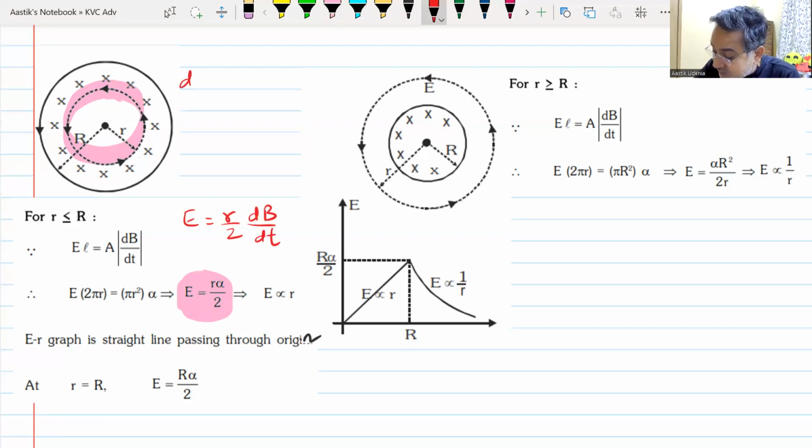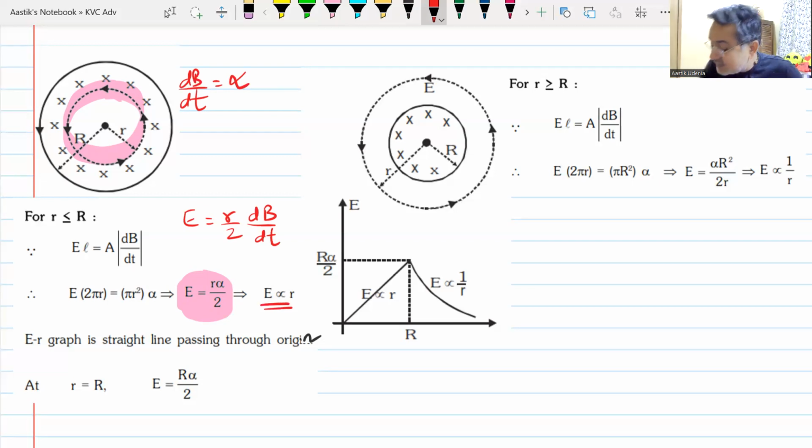Here I have taken dB by dt as alpha. So if dB by dt is given as alpha, your final answer becomes R by 2 into alpha. If dB by dt is not a constant, then E will be equal to R by 2 into dB by dt. Do we understand this? Yes, sir.